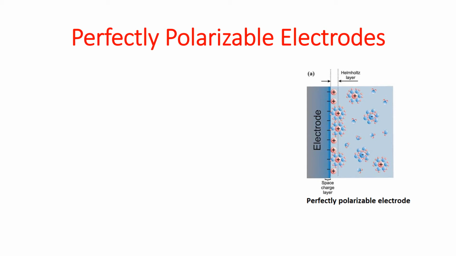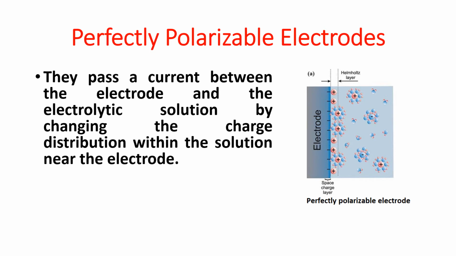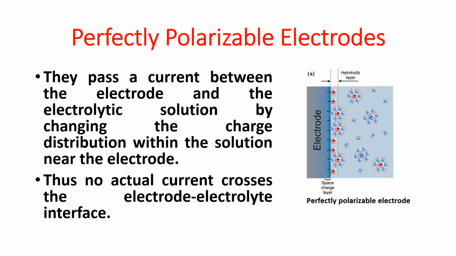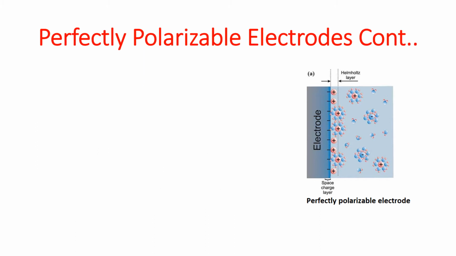Perfectly polarizable electrodes pass a current between the electrode and the electrolytic solution by changing the charge distribution within the solution near the electrode. Thus, no actual current crosses the electrode-electrolyte interface. Electrodes made from noble metals such as platinum are often highly polarizable.